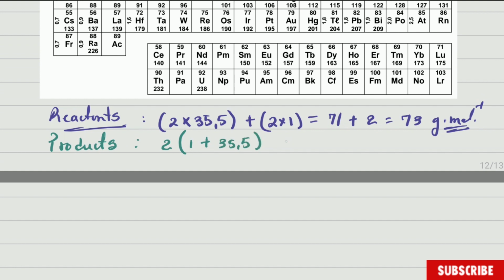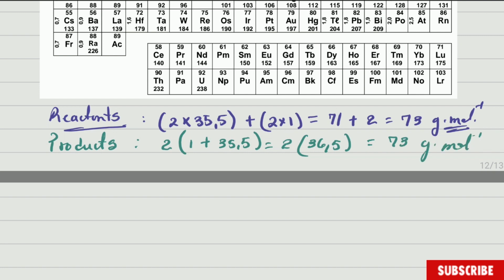So when you solve the bracket first, it's 1 plus 35,5, which is 36,5. And that is equal to 73 grams per mole.